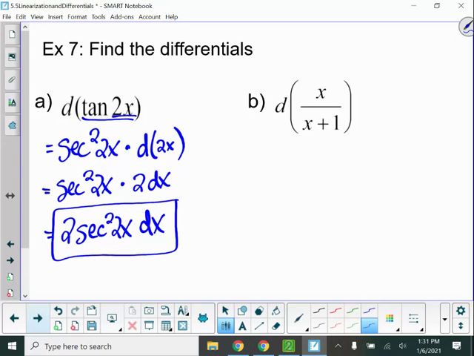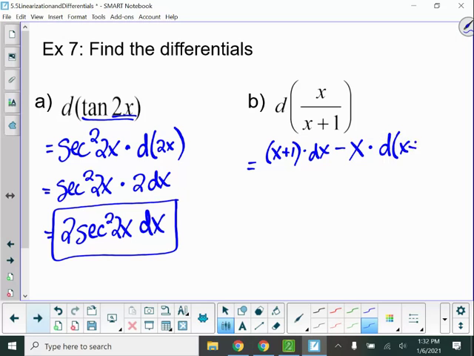And we're going to have to do the same thing with the next one. You'll see that we actually get differentials in a couple of these. I do have to do the quotient rule for this one, and then the chain rule comes up because of implicit differentiation, because I do have to take the derivatives of the x's. So this is going to be low d high: the derivative of x, which is just 1 dx, minus high d low.